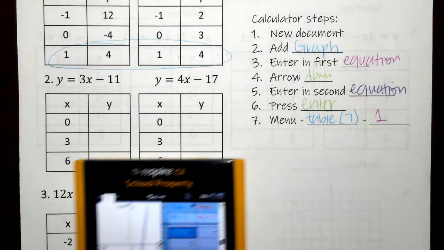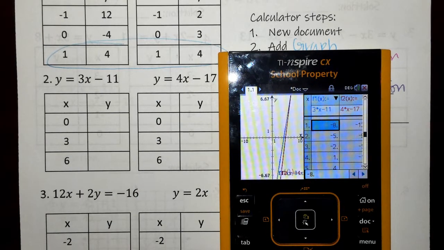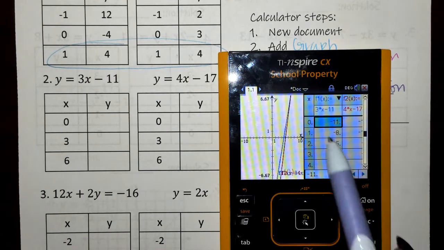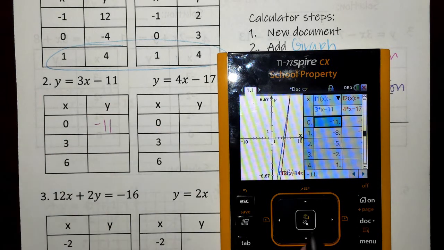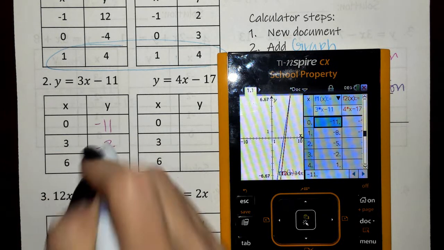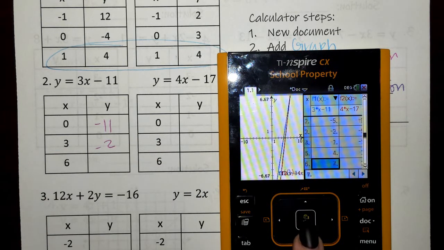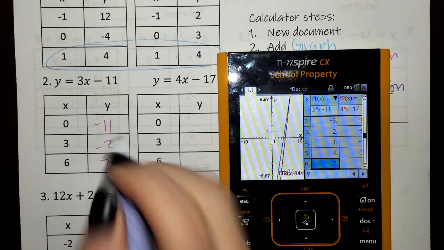So my table wants, let's see, what are my y values for 0, 3, and 6. For the first one, it is negative 11, 3 is negative 2, and 6 would be 7.